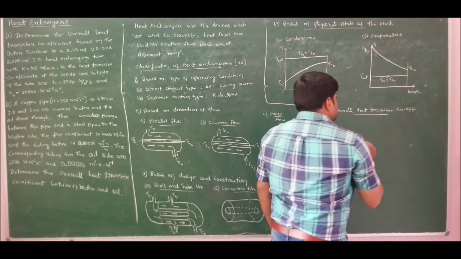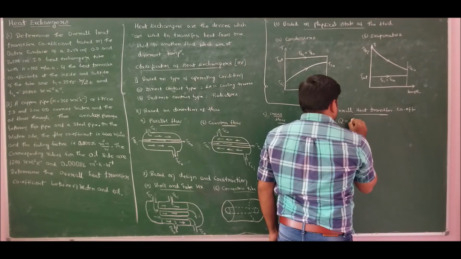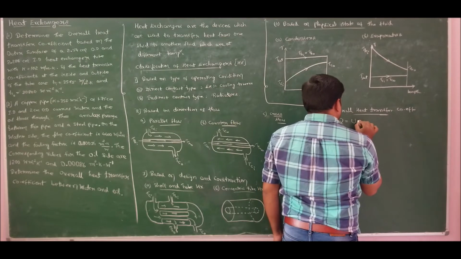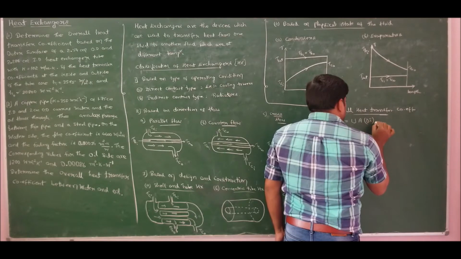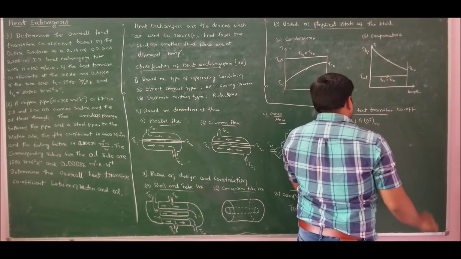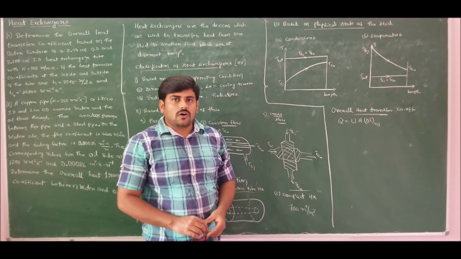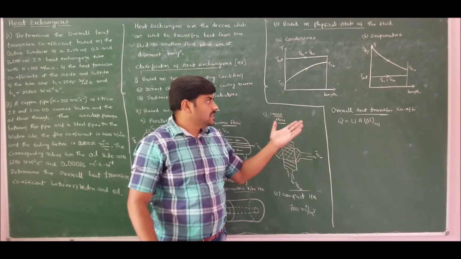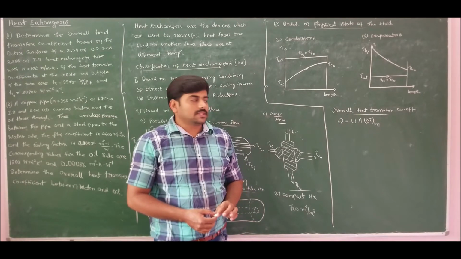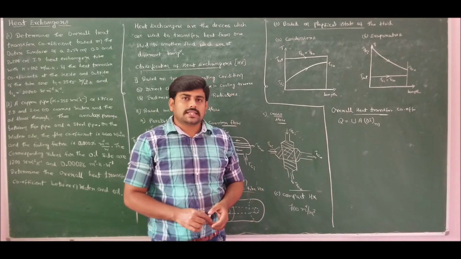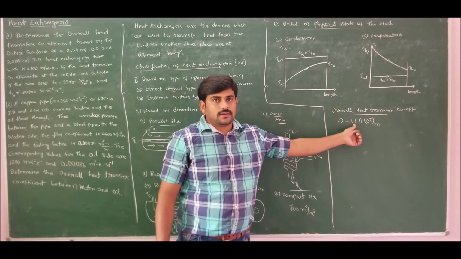So using overall heat transfer coefficient, the rate of heat transfer between the fluid and fluid through the metal resistance is given by Q is equal to U A delta T mean, where delta T mean is the mean temperature difference of hot fluid and cold fluid, which we will calculate with the help of logarithmic mean temperature difference, which I will take up in our next lecture, where U is called overall heat transfer coefficient.